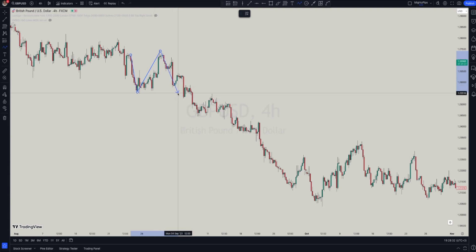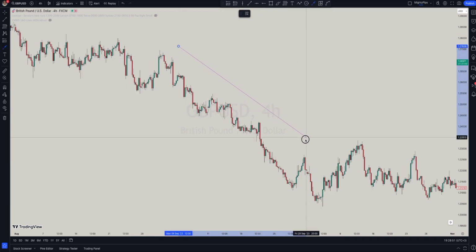So we have a lower low here. Then we'll have a lower high, then a lower low, lower high. So you can see the market is creating a downtrend here. When you see that the market is trending to the downside, you confirm your trend is down.